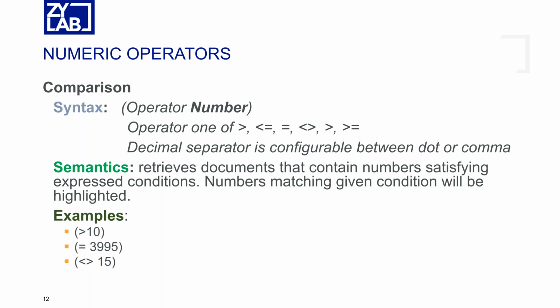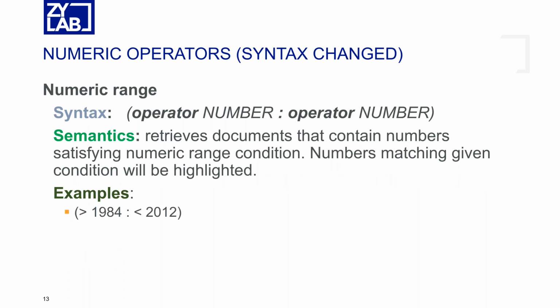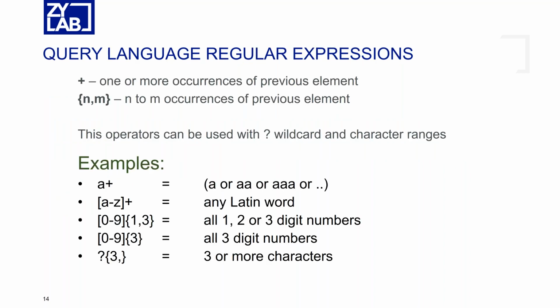So this is all possible, and we will convert amounts to numbers as well. You can also search for a numeric range. So you have larger than 1984 and smaller than 2012. You will find all documents that have a match in between.